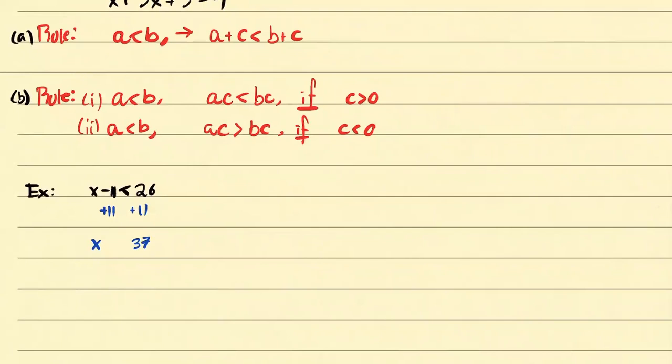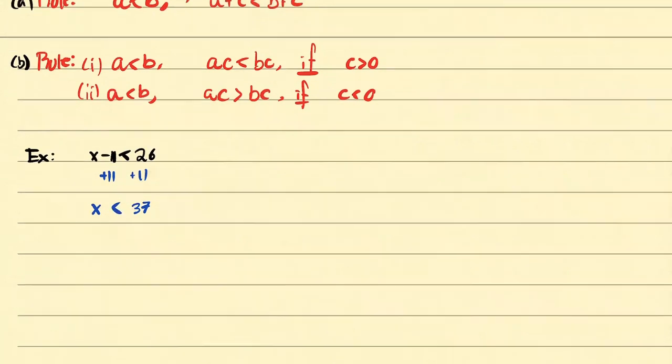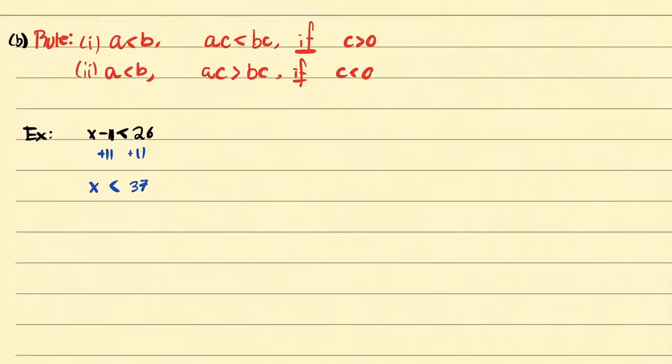No, exactly. Because this rule says I can add or subtract any number I want on both sides of an inequality and the direction doesn't change. So if x minus 11 is less than 26, certainly x must be less than 37.